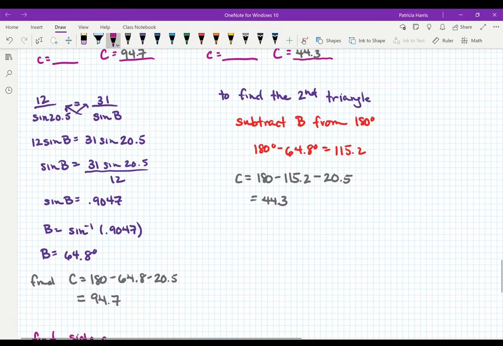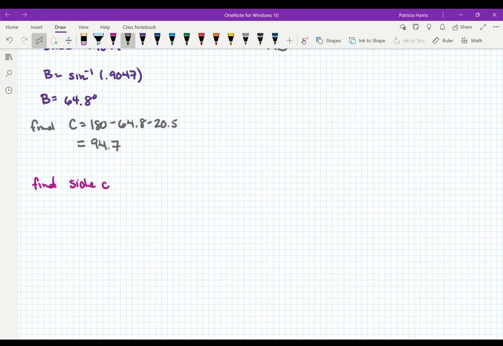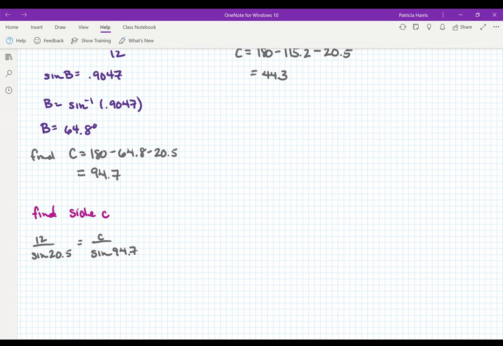So 12. Okay, I'm going to go ahead and use A's. And I use the same setup. Just notice that the angles that you use change.